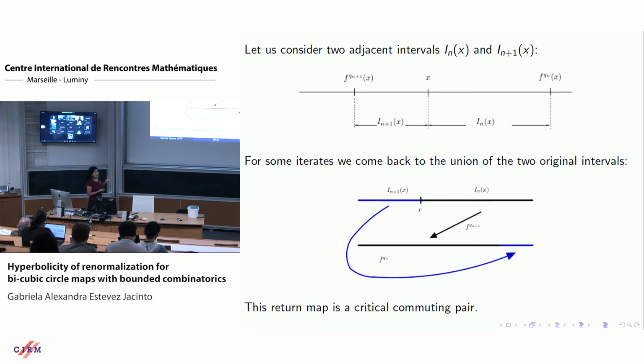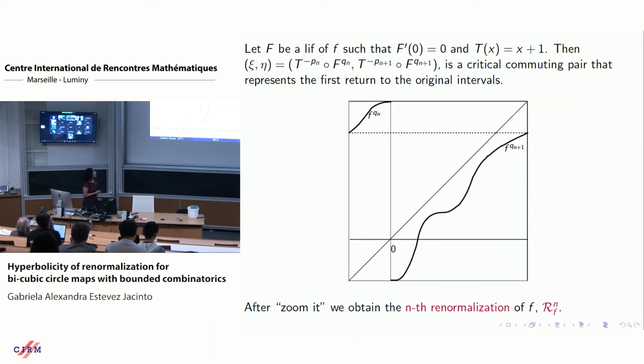This is what we call a critical commuting pair, right? Because we have a pair of maps, and because usually we take this point exactly as a critical point. So this is the formal definition. I'm not going to be more precise, but more or less you choose a leaf of your map. You are assuming that you are in a real map, so you consider a real interval map, and this point will correspond to a critical point.